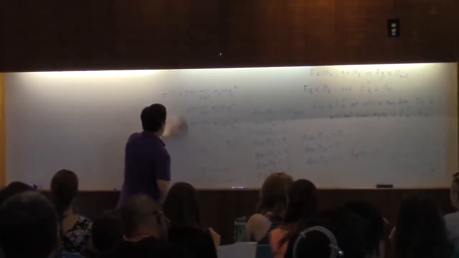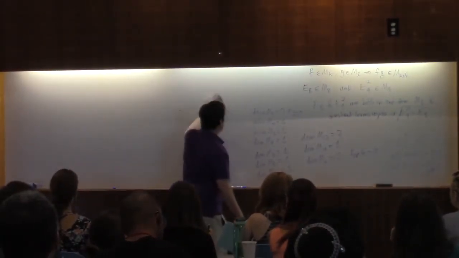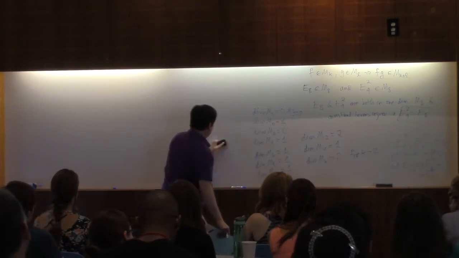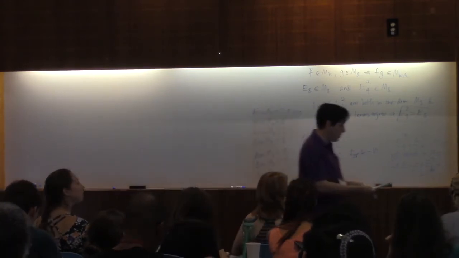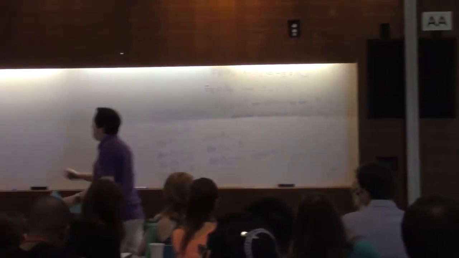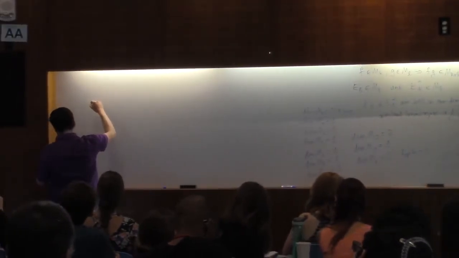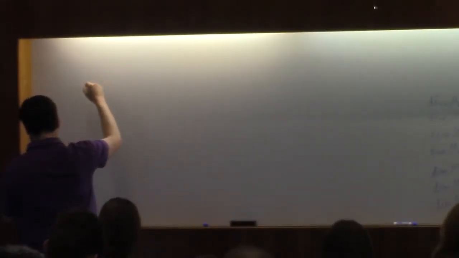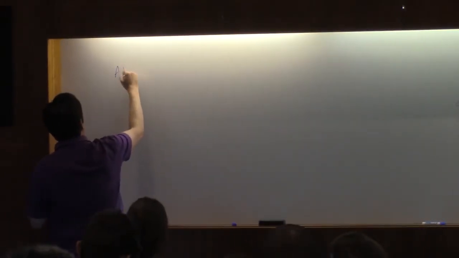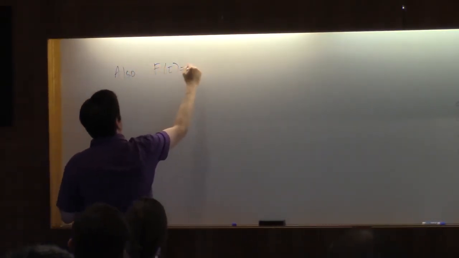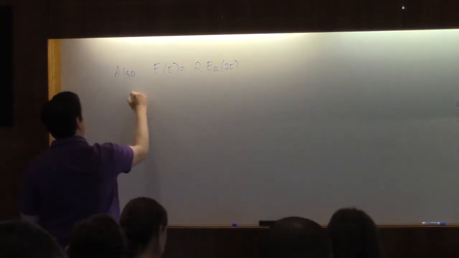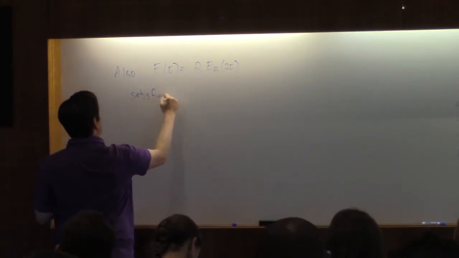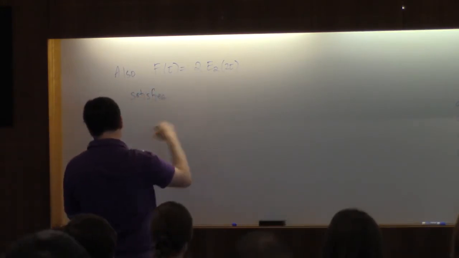So it turns out that just as E2 of tau has this funny transformation rule, also the function 2 E2 of 2 tau satisfies the same transformation.